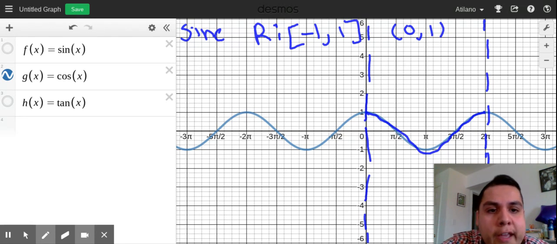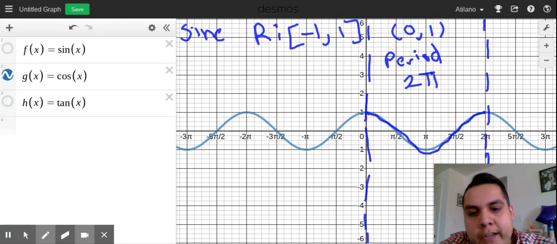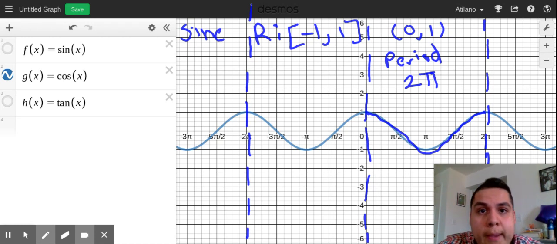And the idea is that if the period is 2 pi, that means that every instance of 2 pi, I should have the same sort of behavior where I end up right back where I started, is how you want to think about it.